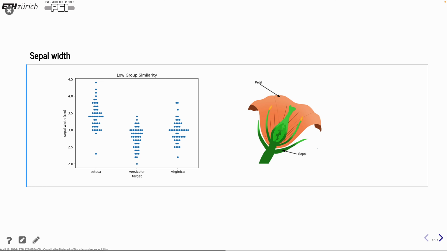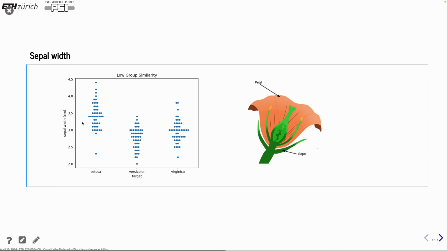Now let's look at the sepals, and here I even have a little illustration of what these sepals and petals are. So sepals are the green leaves of the flower bud that cover the flower, and the petals are the beautiful leaves of the flower.